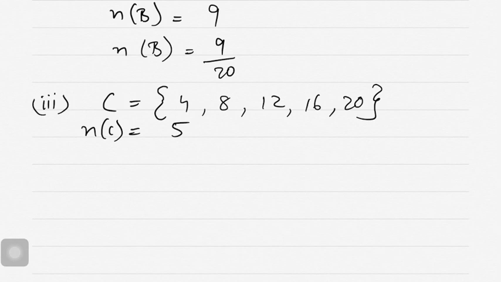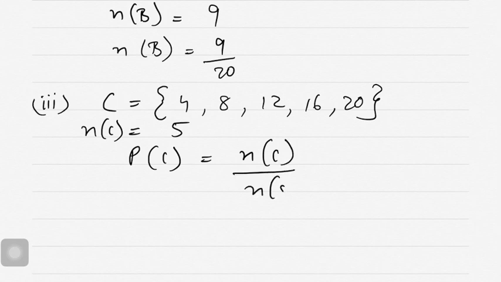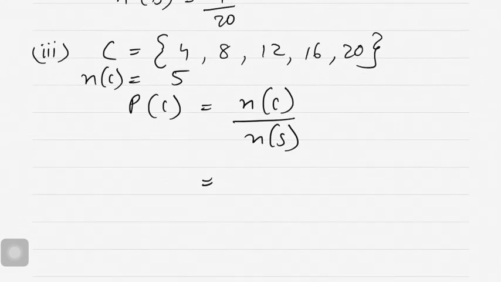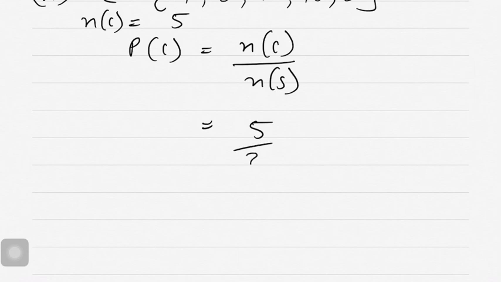So my N of C will be 5. P of C will be N of C upon N of S, which is 5 by 20, which is equal to 1 by 4.